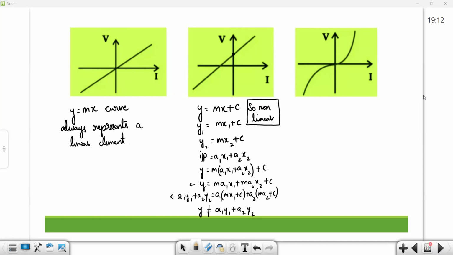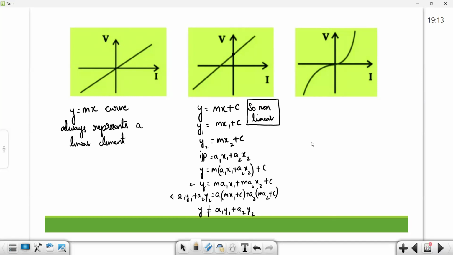What is linear? How are you telling it is linear or not? I'm waiting for your answers. Okay, good, good. No doubt, that means you are clear.